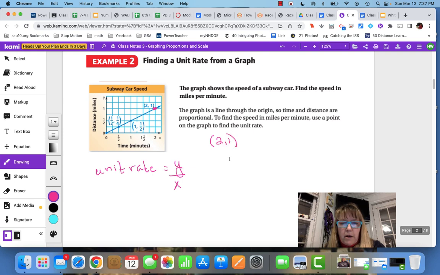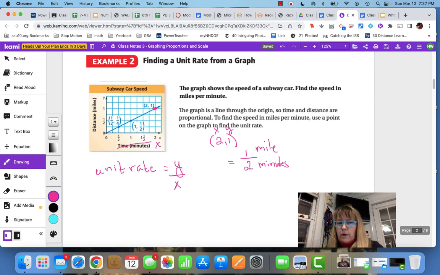To find the unit rate, this is the X value, and that's the Y value, so I'm going to put the 1 over the 2. Let's put some units on it since it is unit rate. The X-axis is minutes, so it is 2 minutes because the X value is in the denominator, and 1, which is Y, and it's miles. So it takes you 2 minutes to go 1 mile.